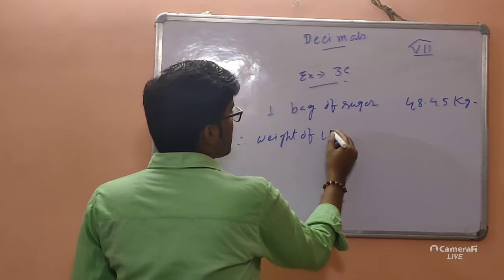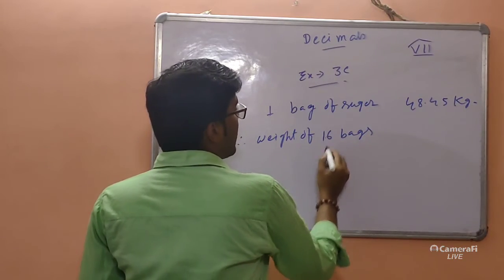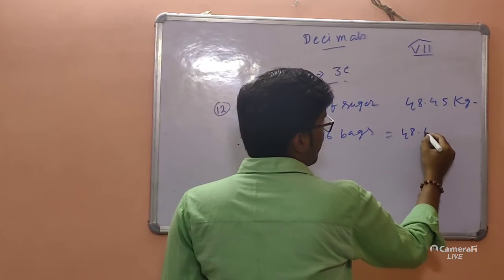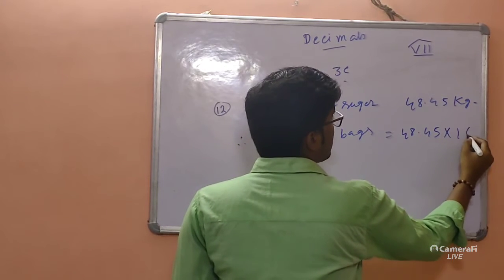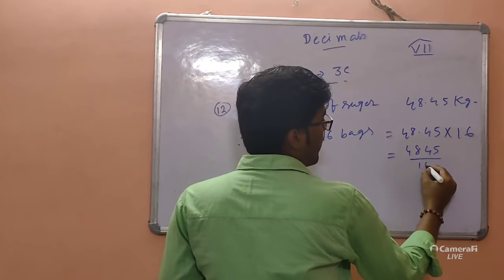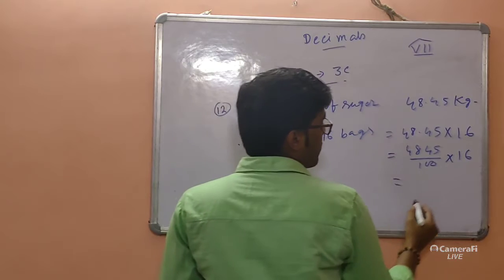Weight of 16 bags. Now again, more means what? Multiply. So simply multiplied by 16. So this will be 48.45 divided by 100 into 16. Now simply multiply.